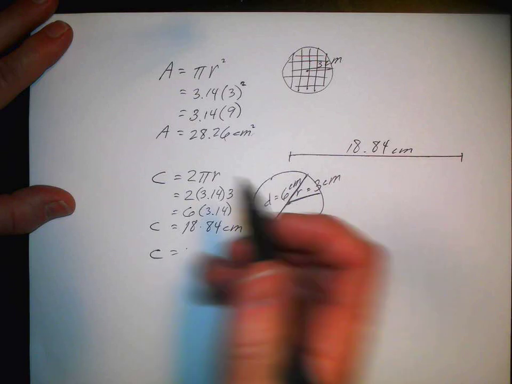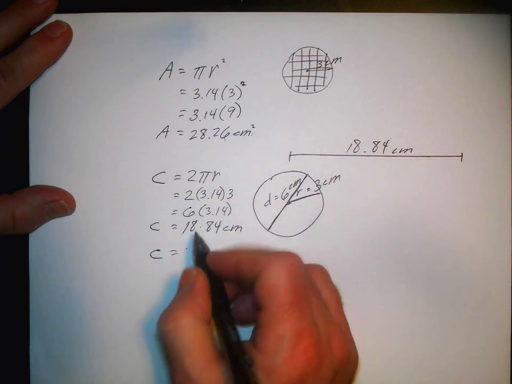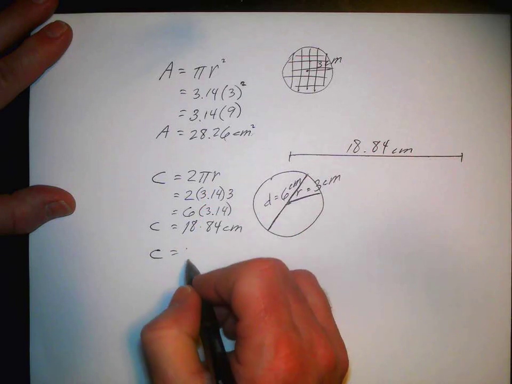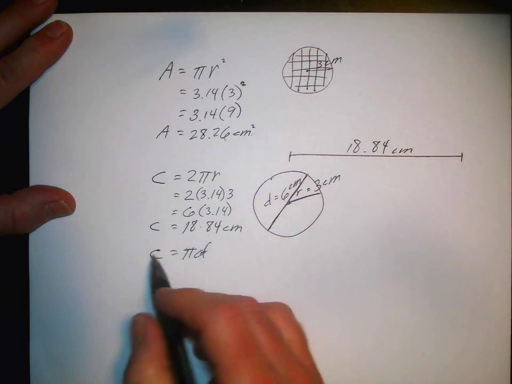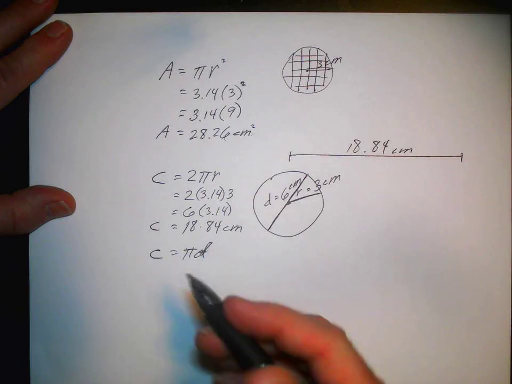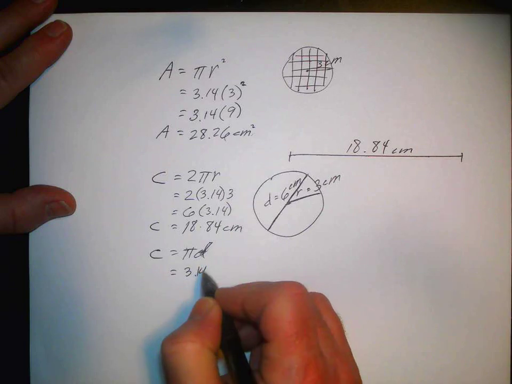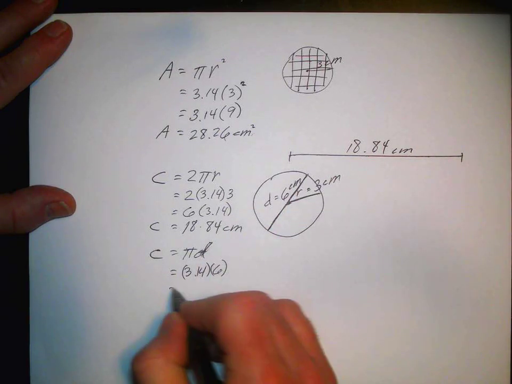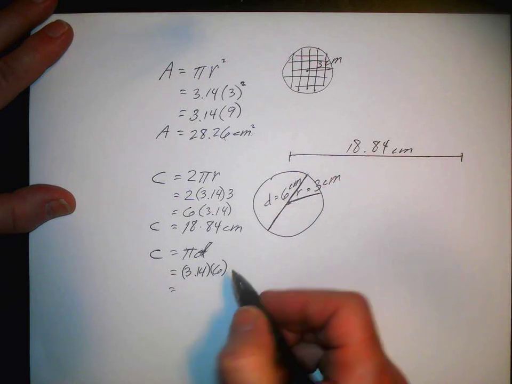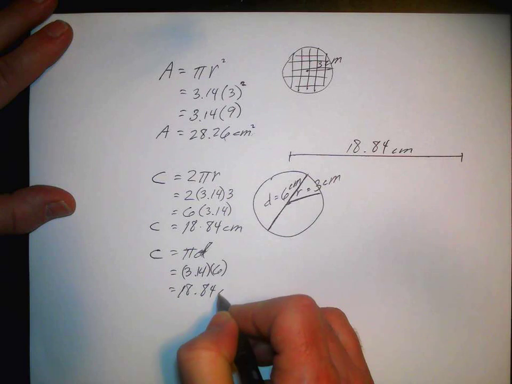So if I knew the diameter instead, I would use the diameter. And circumference is pi times d, or diameter, and I know what pi is, 3.14, and I know that d is 6. So this ends up being 3.14 times 6, and we already know that that is 18.84 centimeters.